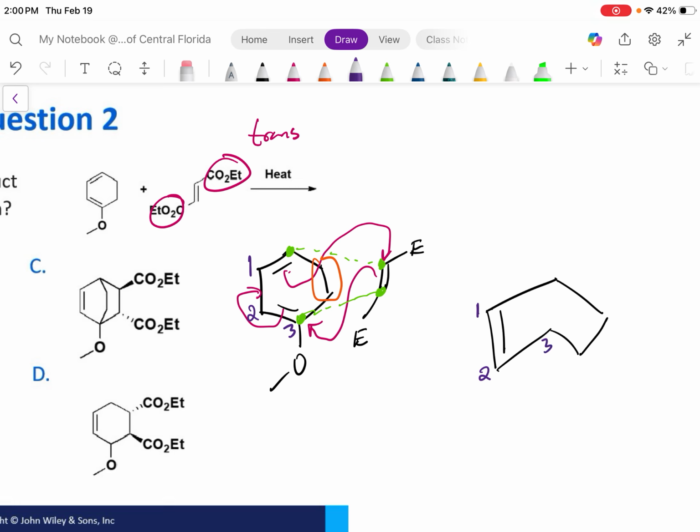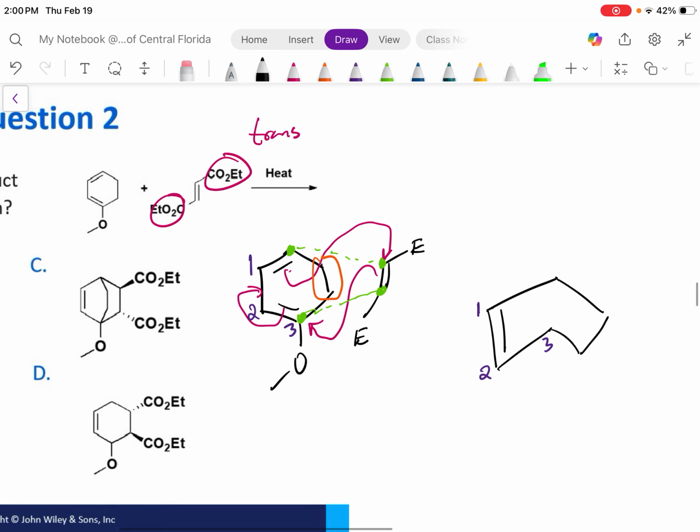So we have the O methyl. That's going to be sticking down. O methyl like that. And then we have in orange, those 2 carbons right there. Like that. And then we are going to have these trans to one another.